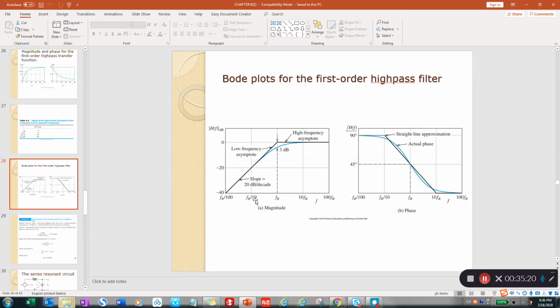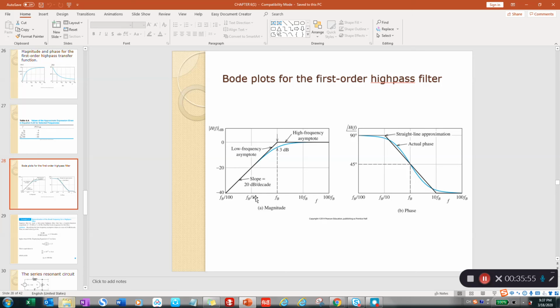Then if your frequency is lower than the break frequency, you can see here our frequency equals a tenth of the break frequency, or the break frequency divided by 100. So you reduce the frequency. If the frequency is much smaller, then we know that for each decade, the magnitude in dB will reduce by 20 dB.